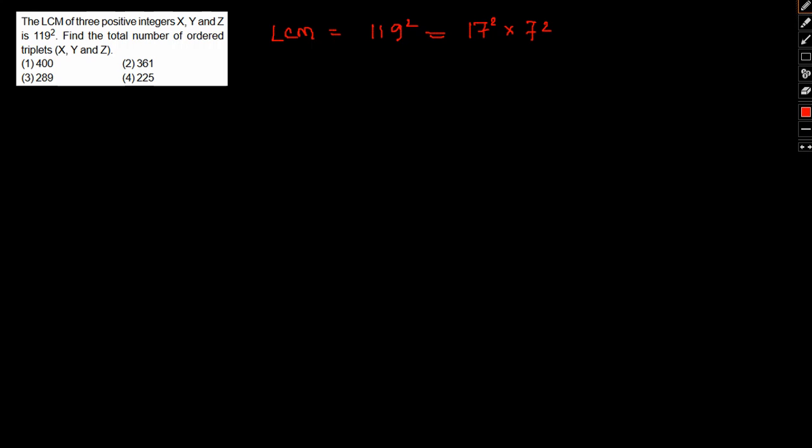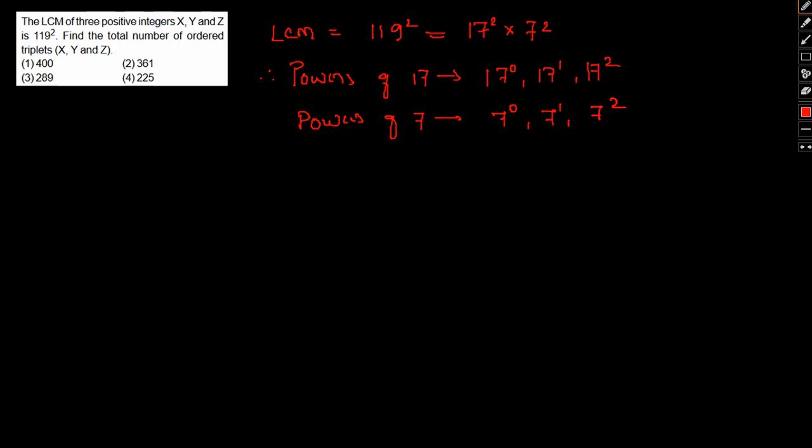Therefore the powers of 17 in this case would simply be 17 to the power 0, 17 to the power 1, 17 to the power 2, and the powers of 7 would again be 7 to the power 0, 7 to the power 1, 7 to the power 2.